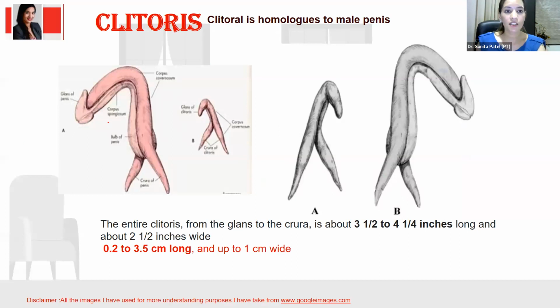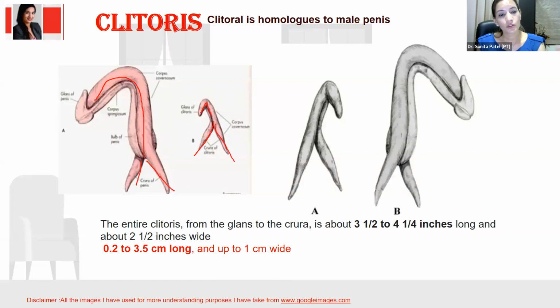If you look at the differentiation between the male and female sexual organ, males have a big body and smaller legs. But in a female body, we have a small body as compared to the male, and we have larger legs.